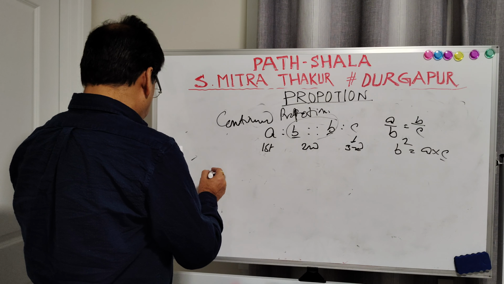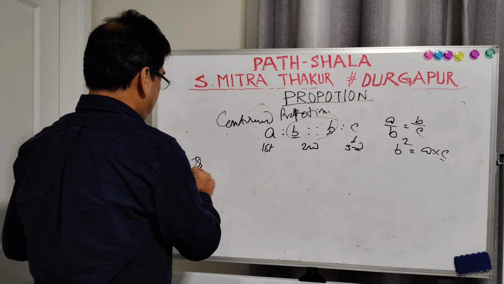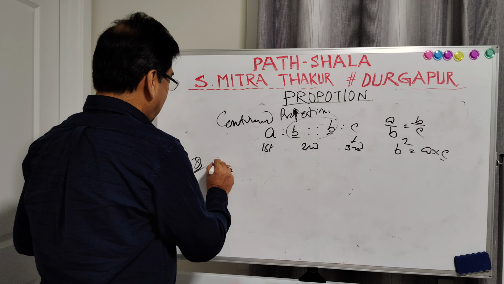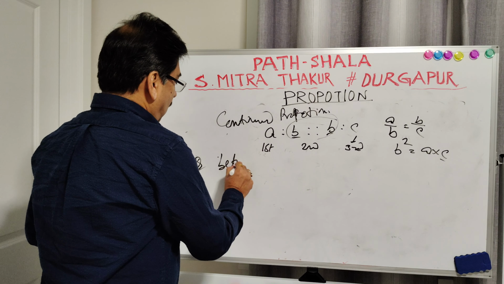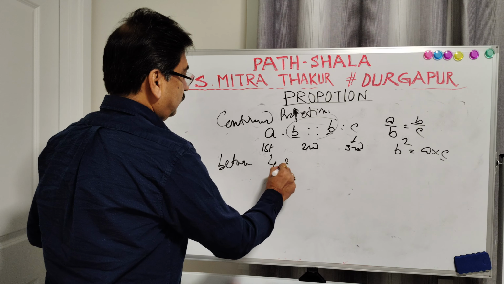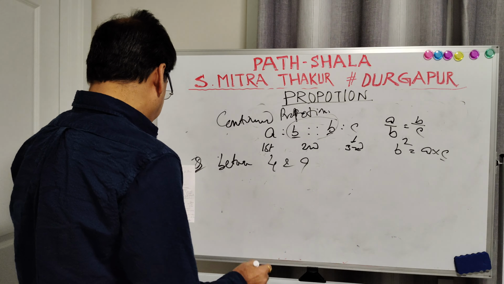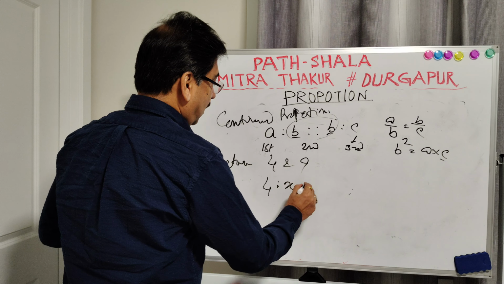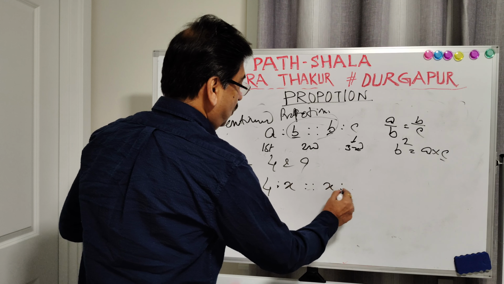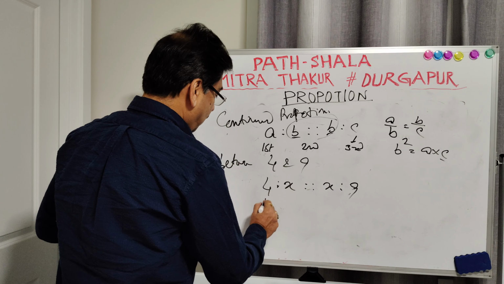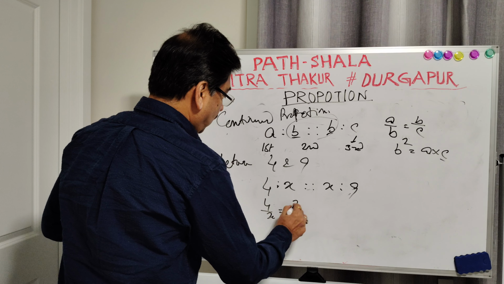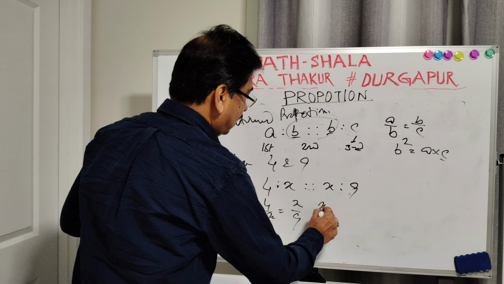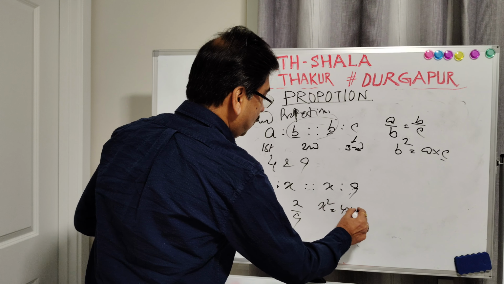Find the mean proportional between 4 and 9. How will it be calculated? 4 is to x proportion x is to 9. That is 4 by x is equal to x by 9. That is x square is equal to 4 into 9.